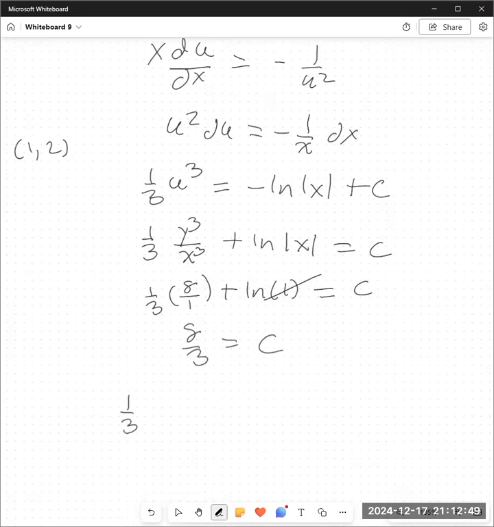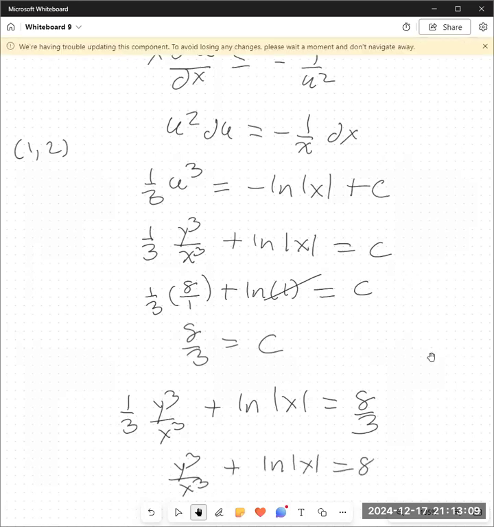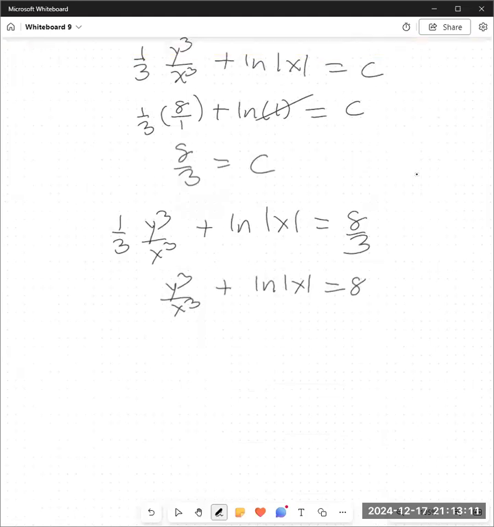So we have 1/3 y cubed over x cubed plus ln of the absolute value of x is equal to 8/3. Let's multiply everything by 3 to get rid of those fractions. Y cubed over x cubed plus ln of the absolute value of x is equal to 8. And then we'll multiply by that x cubed as well.